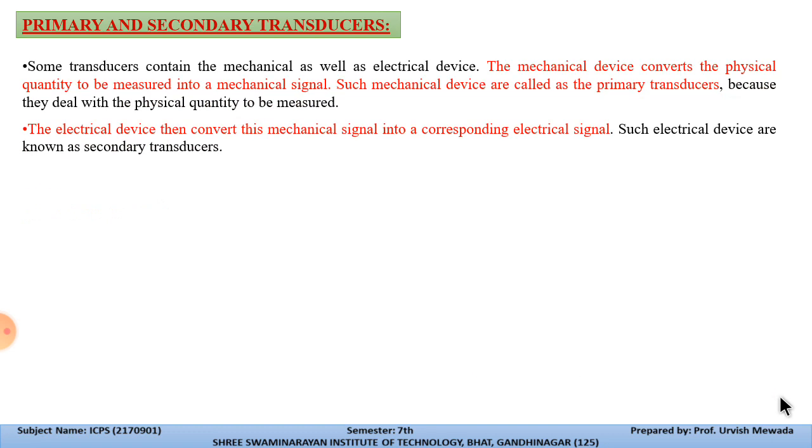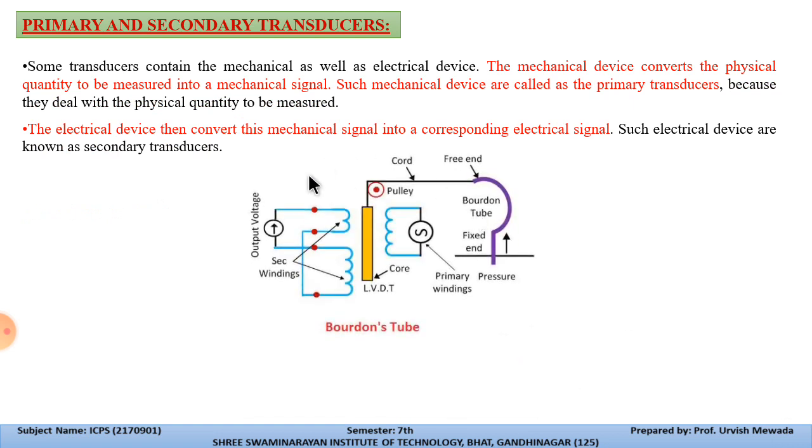The definition of primary and secondary transducer is somewhat similar to active and passive transducer, but from this figure we can easily bifurcate the primary and secondary transducer. So here in the diagram we have one passive transducer, LVDT, and one active transducer, Bourdon tube. So we are measuring pressure in form of electrical output.